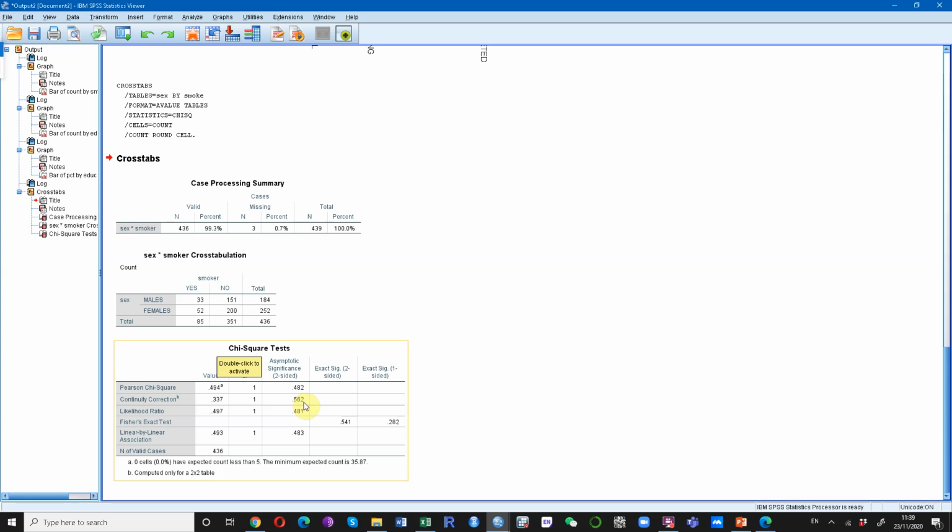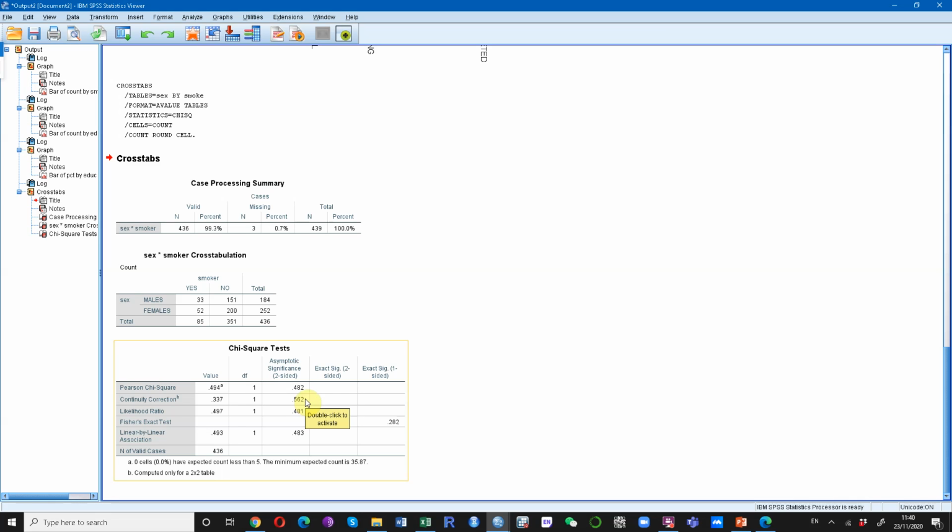What does this mean? You need to compare this number against the critical value, the alpha you've set up, and that alpha, as I've mentioned, we can use the commonly used one at 0.05. If this number is larger than that, then hypothesis 1 is rejected. If this number is smaller than 0.05, then hypothesis 1 is accepted.